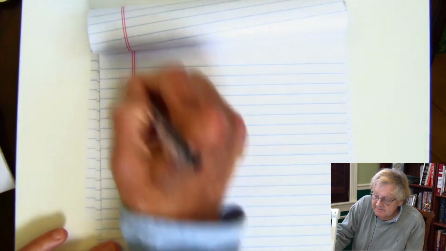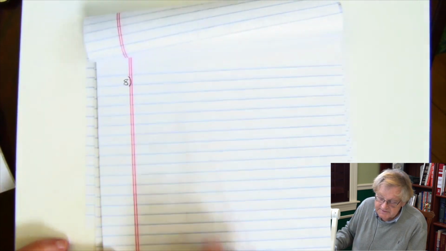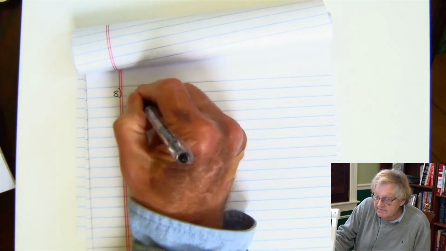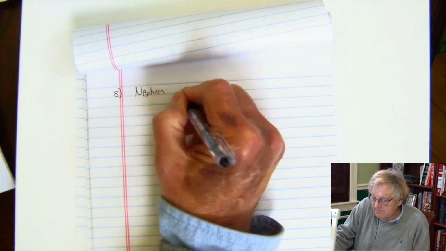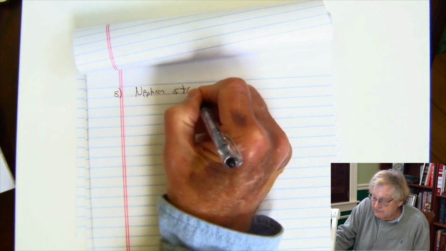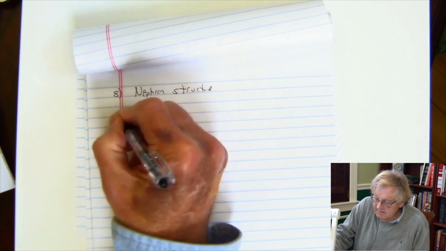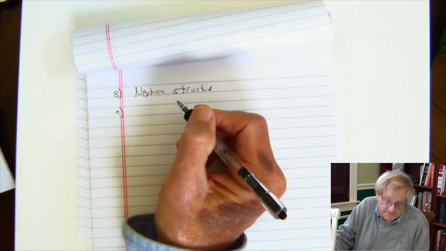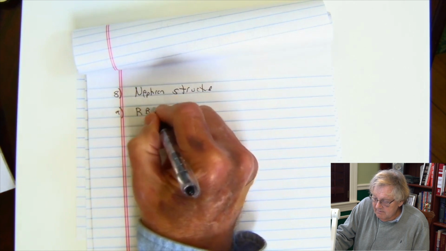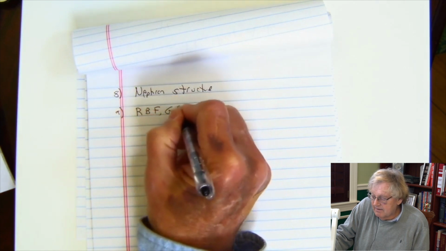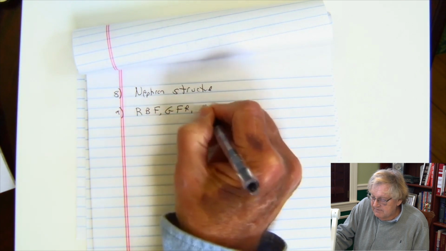Number eight in the review sheet says understand the structure of the nephron. We just went over that about a few minutes ago, so make sure you understand the nephron structure. Number 9, understand RBF, GFR, and TBV.